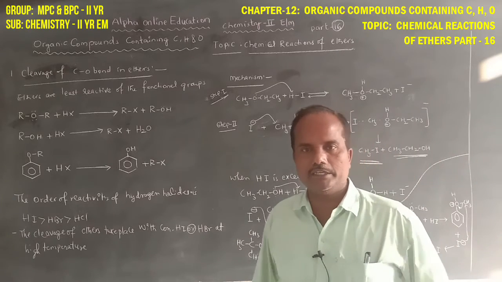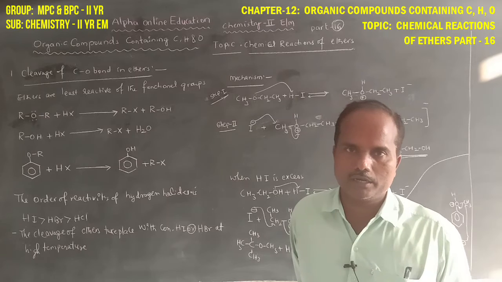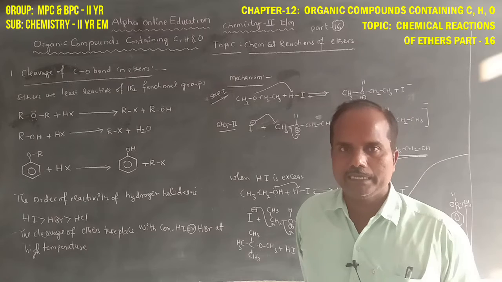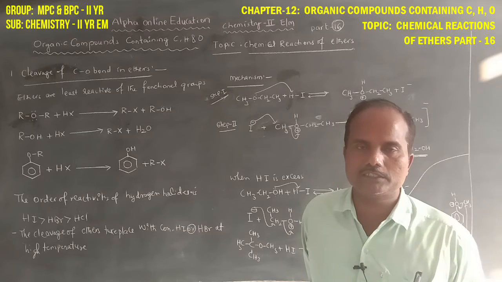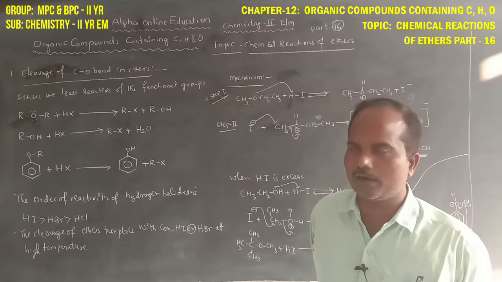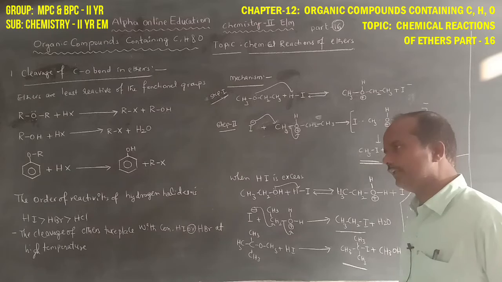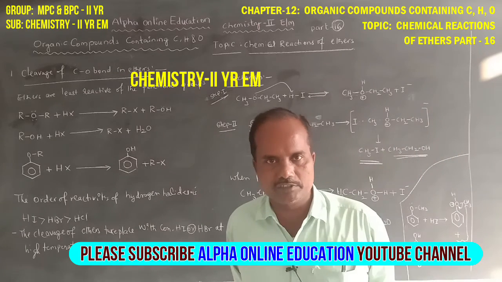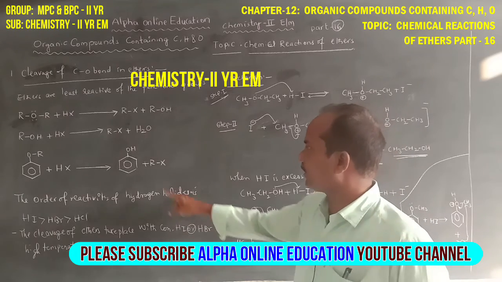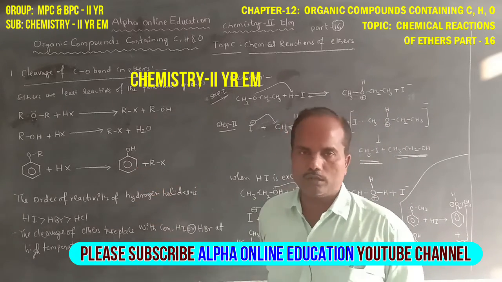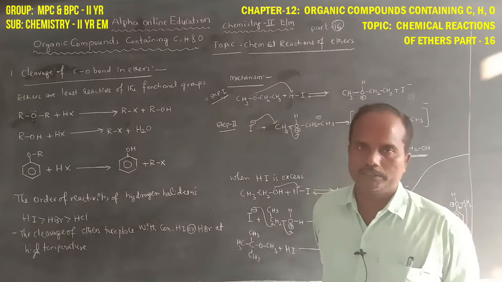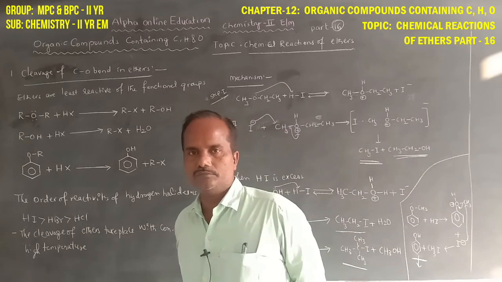When an aliphatic ether is treated with hydrogen halide, 1 mole of ether can form 2 moles of alkyl halide. If an aromatic ether reacts with hydrogen iodide or hydrogen bromide, 1 mole of alkyl halide and a phenol are formed. So this is about the chemical reactivity of ethers.